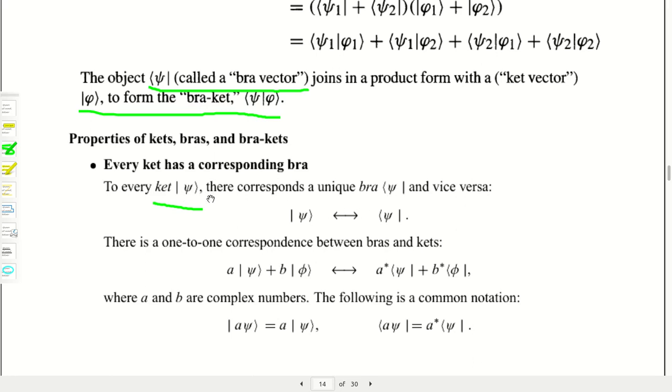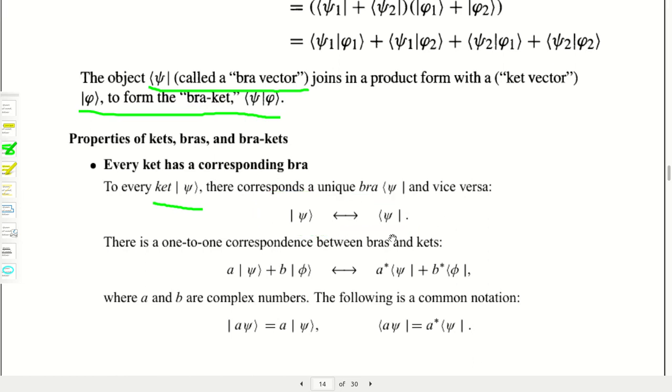So how will you represent those two, because they are different. See, i and minus i are different quantities. So the phi and that dual phi are different from each other. One symbol is written like this, and the other dual character is written like this, to signify the dual character.